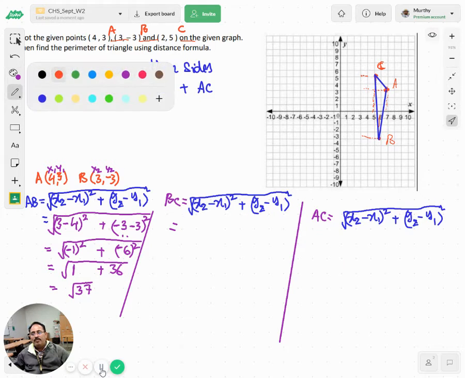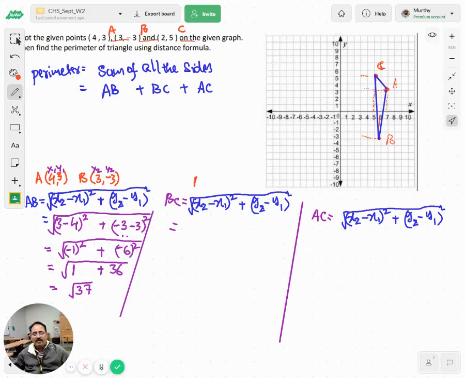Point B is 3 comma negative 3. Yes, it is 3 comma negative 3, and point C is 2 comma 5. My bad, the points are moved here and there. Well, so here I know that this is my first point, so this is x1 y1 and this one is x2 y2.